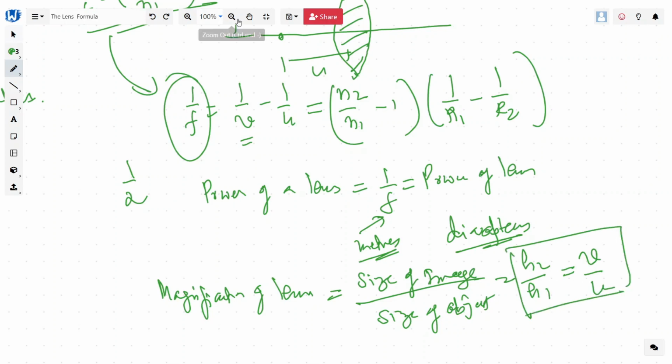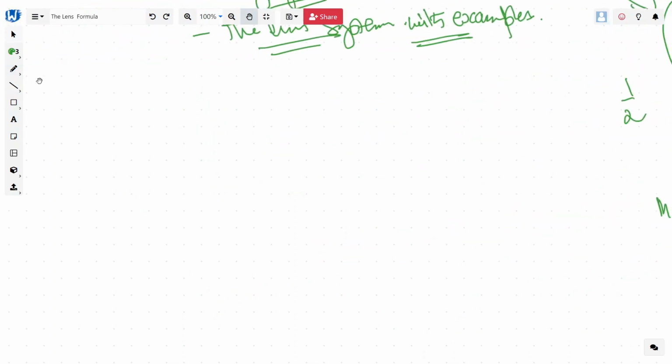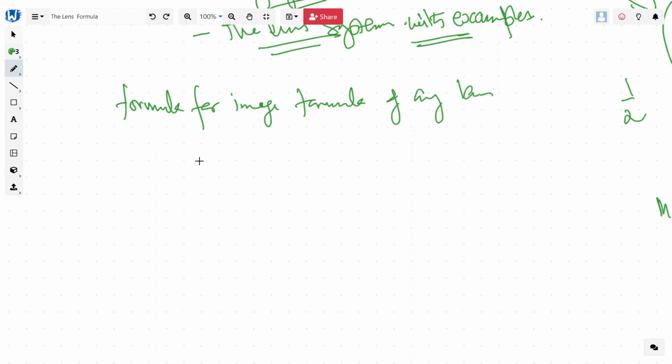So we have these two formulas in front of us which we'll use to solve all the problems of image formation for lenses. The formula for image formation for any lens, very simple, is 1 by v minus 1 by u is equal to 1 by f.